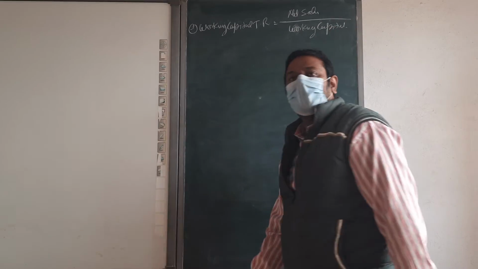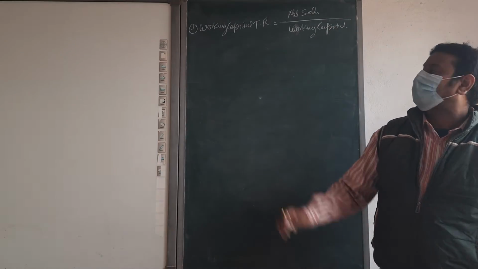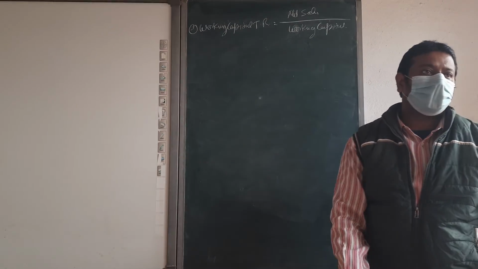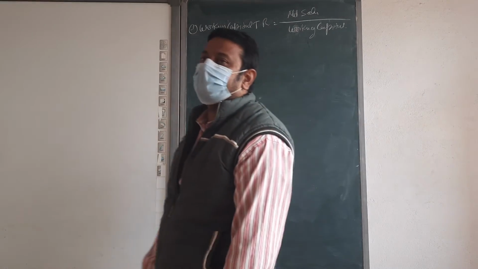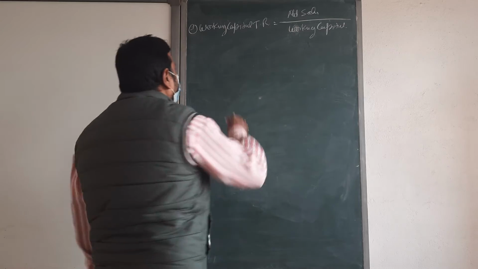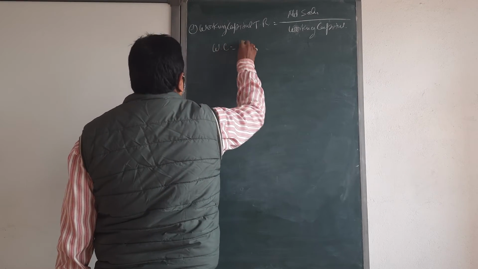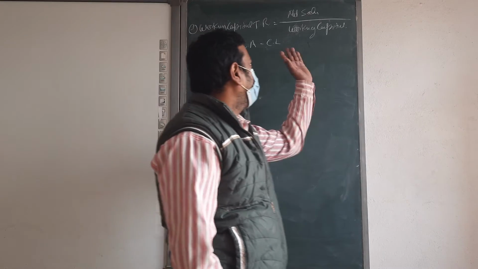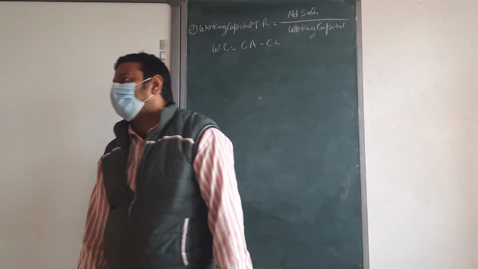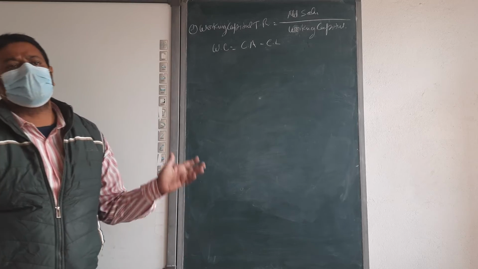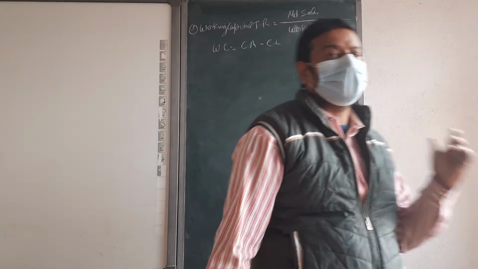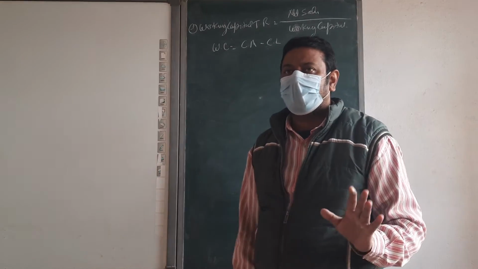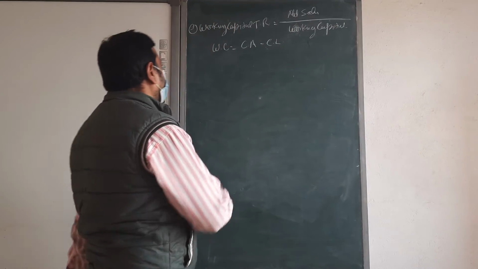Formula is very easy. And how to calculate the working capital? Working capital is equal to current assets minus current liability. Clear? And net sale means revenue from operation, less return or anything else if given. Okay? Clear? Okay, take the question.